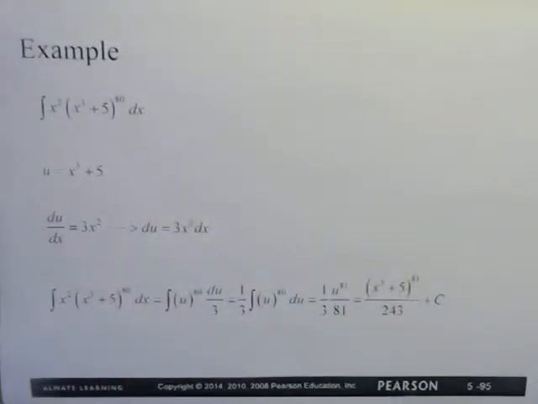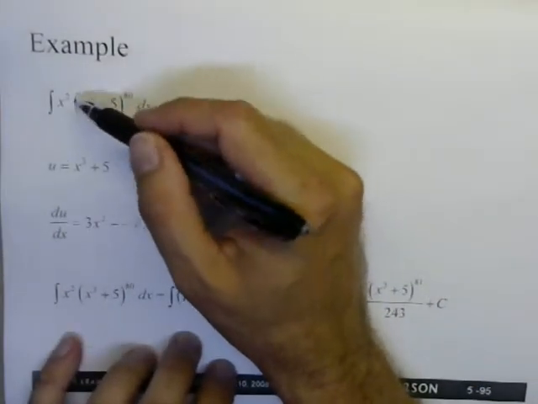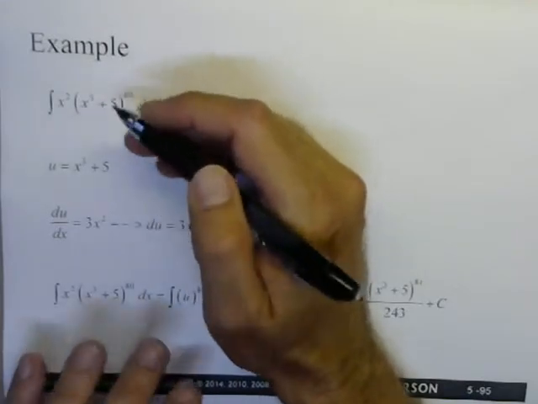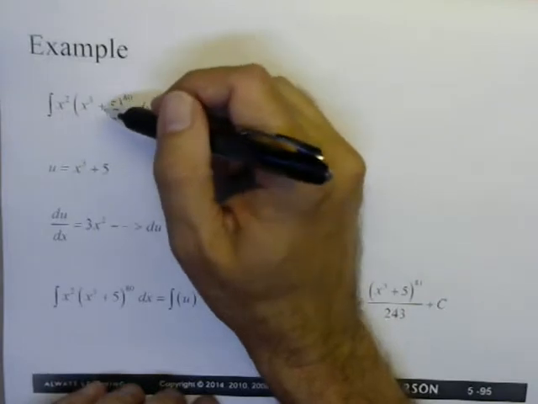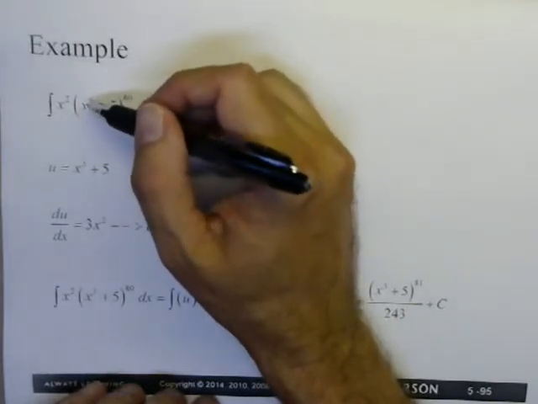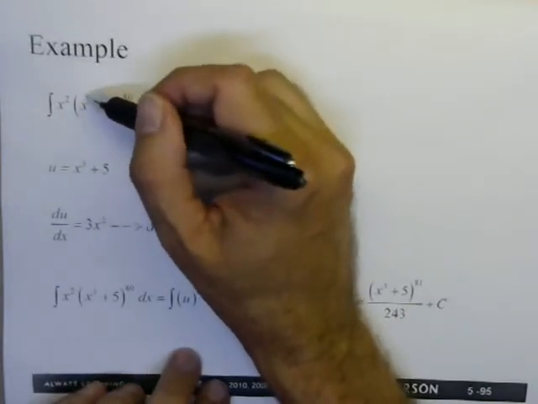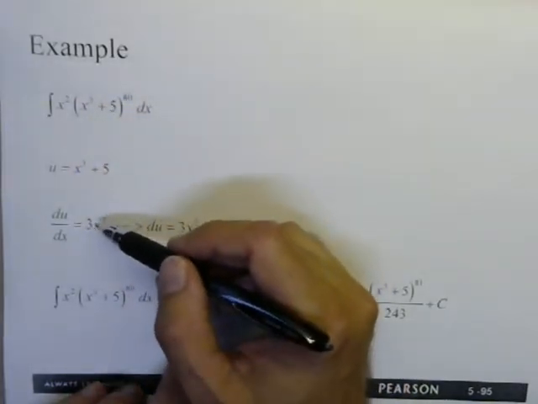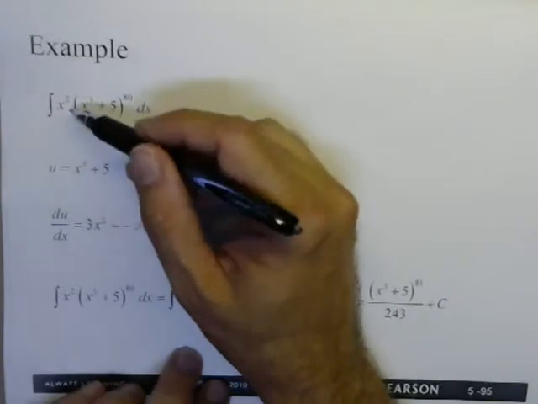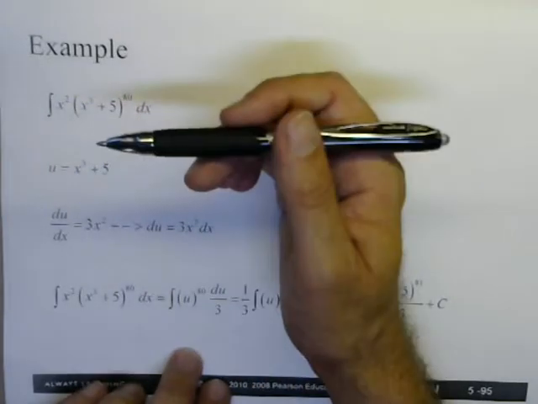Here's another example. So you've got something like this. Again, it is kind of hard to tell what to do for the substitution. If you're not sure, at least try something, but look for something in here that, when you take its derivative, you kind of get what you want. If I take the derivative of this, I'll get 3x squared. Now it's not exactly x squared, but it's only off by a constant. Remember, constants we can factor outside of the integral.